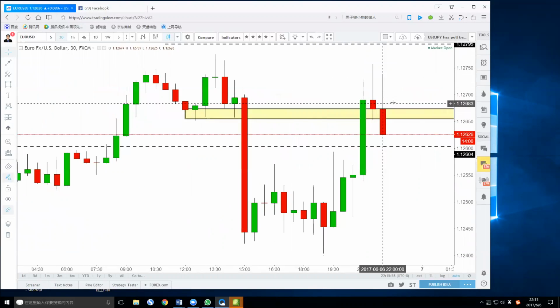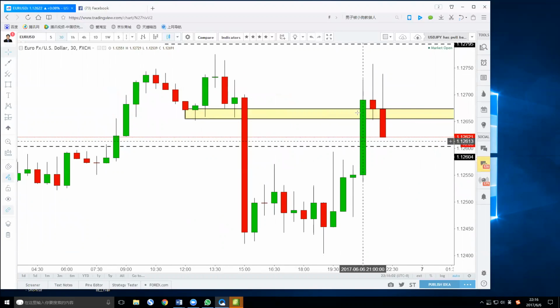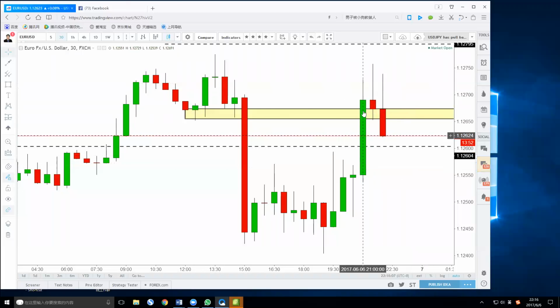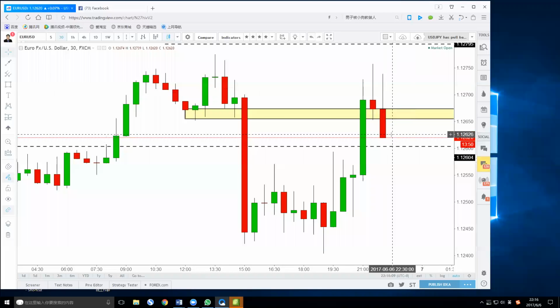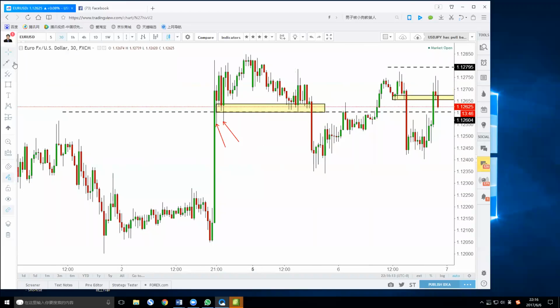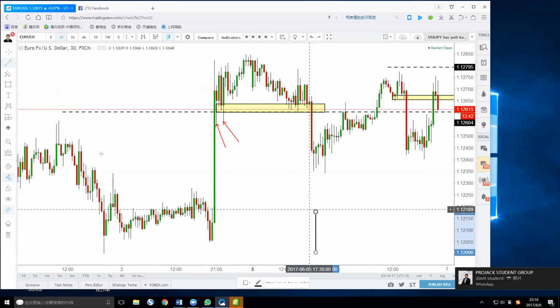And guys, this kind of formation is a topping formation, right? Do you remember? I think last week I mentioned the tuning fork, do you still remember?